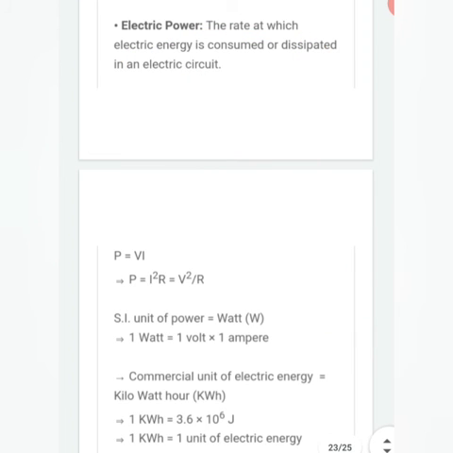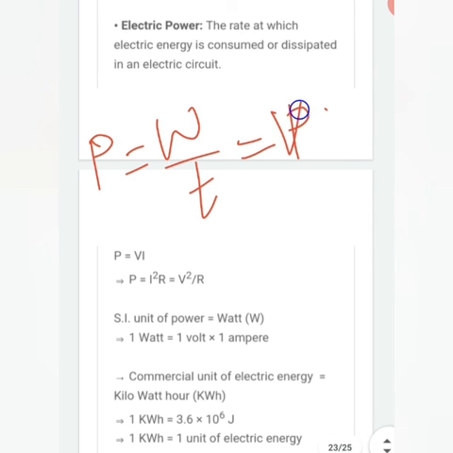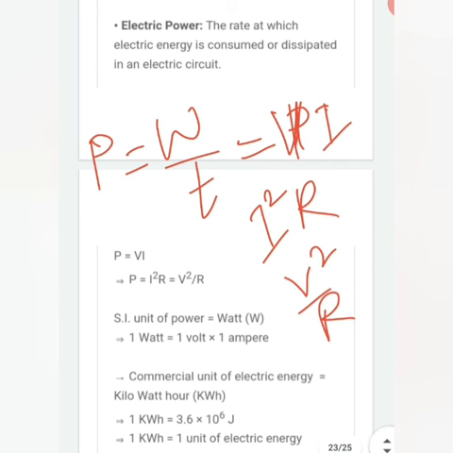Then we can write that power is equal to W by T, power is equal to VI, power is equal to I square R, power is equal to V square by R. Each and every relation is very much important.